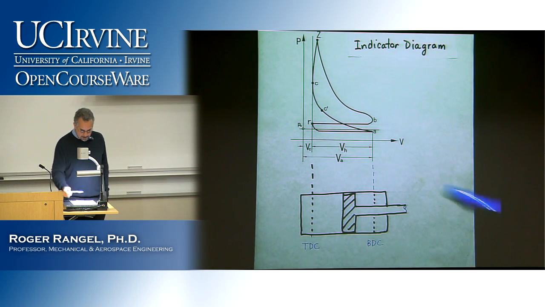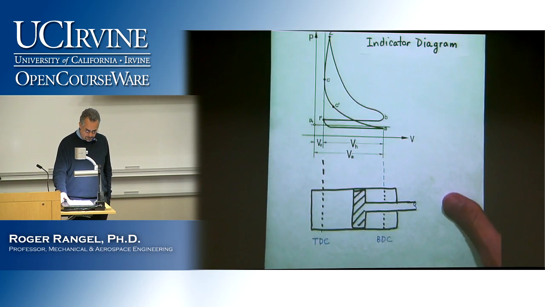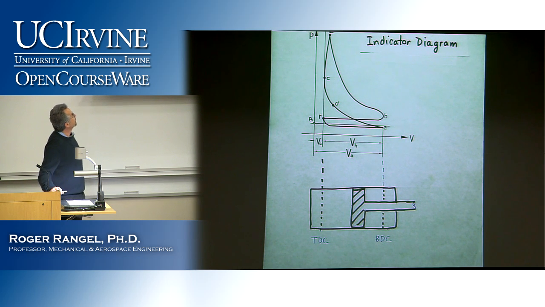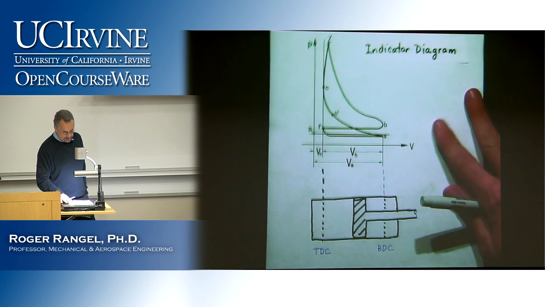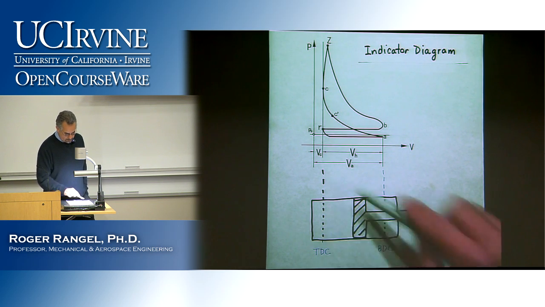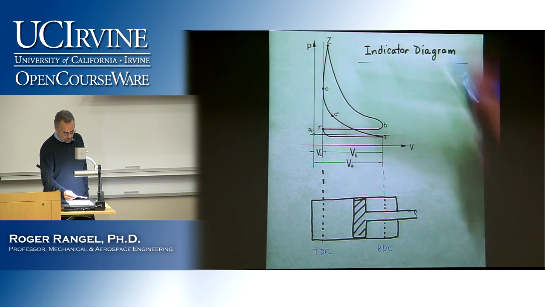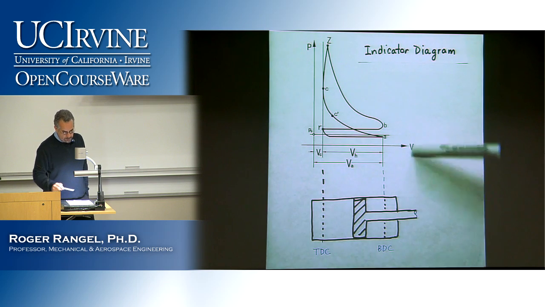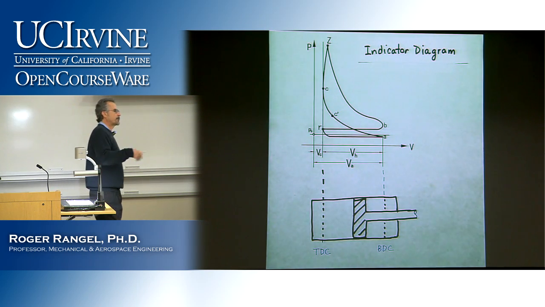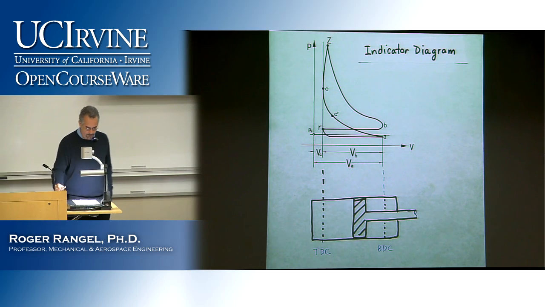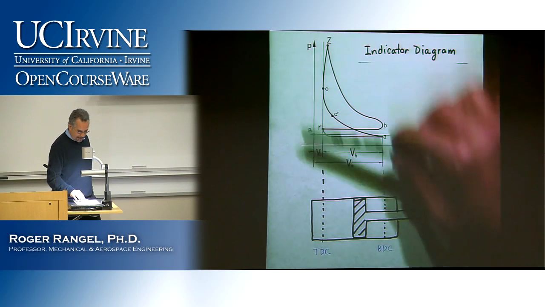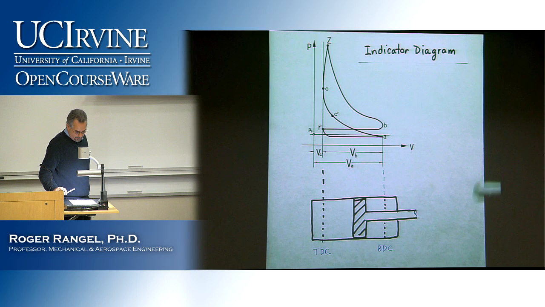In this schematic, the piston is moving horizontally. But what I have done here, just to show you one of the things that we're going to be learning, is what we call an indicator diagram for this internal combustion engine. We're plotting pressure versus volume, and we're going to see lots of plots of pressure versus volume, temperature versus volume, and so on. Pressure is on the vertical axis, volume on the horizontal axis.